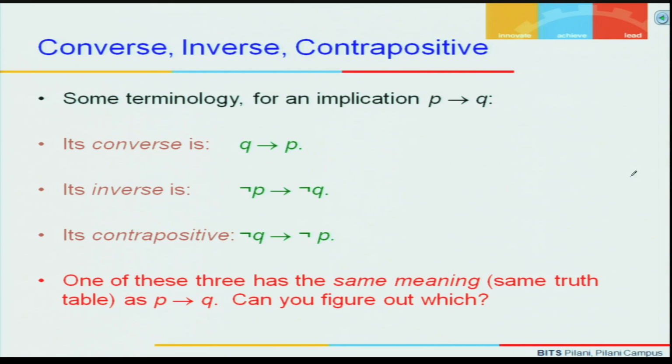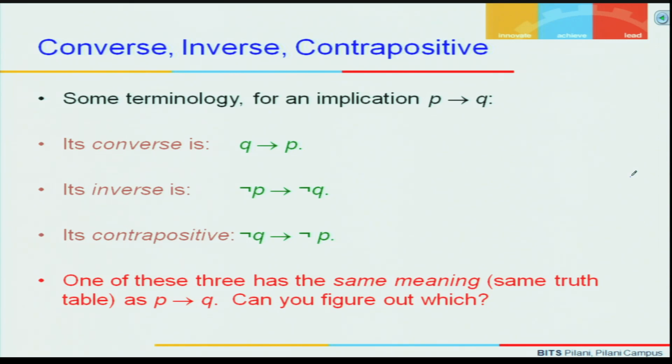And given a compound statement like P implies Q, let us see what its converse, inverse and contrapositive are. This is generally used. Given any statement, what is the converse of this statement, what is the inverse, what is its contrapositive.